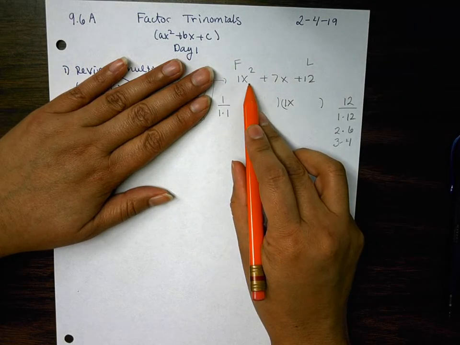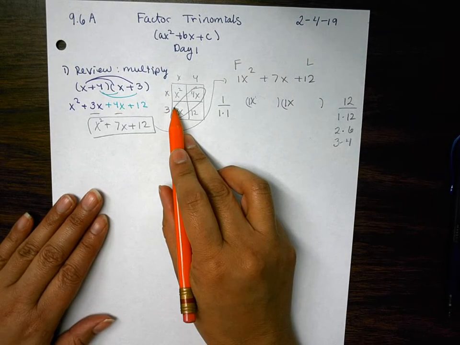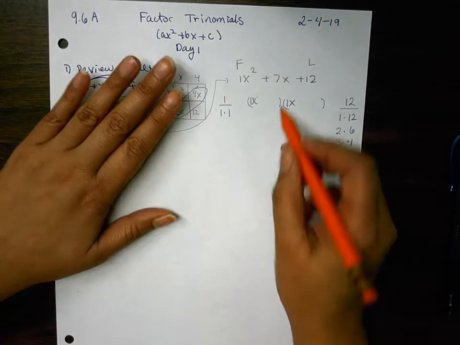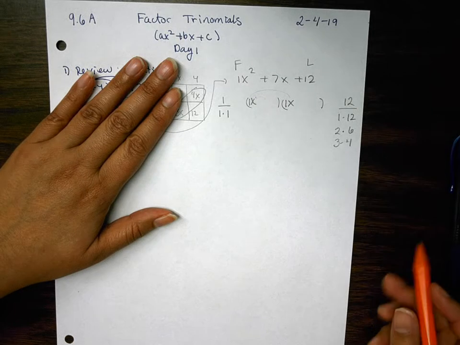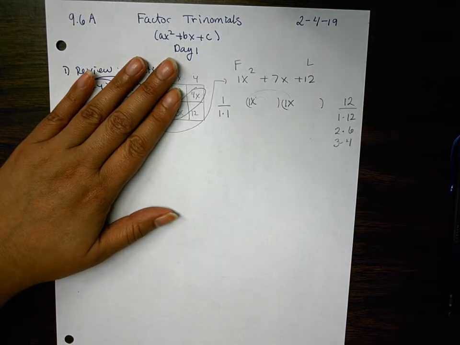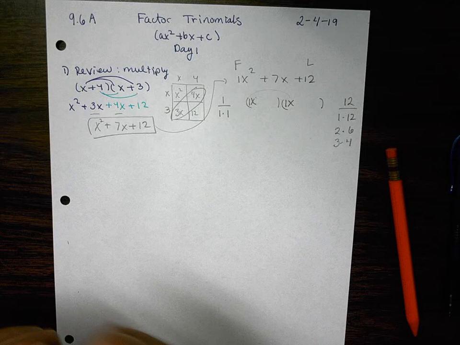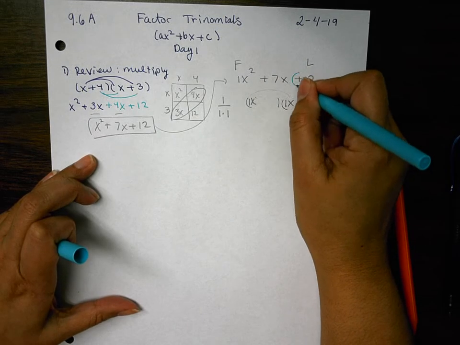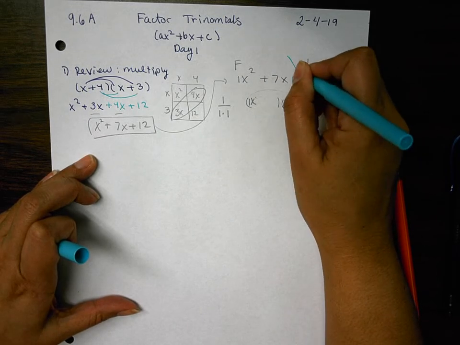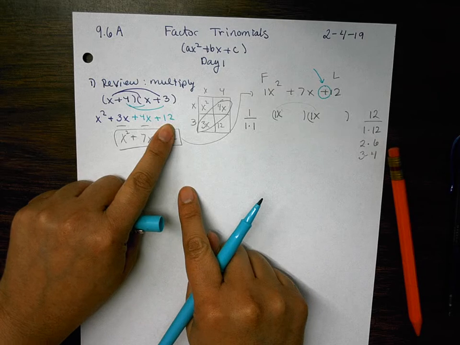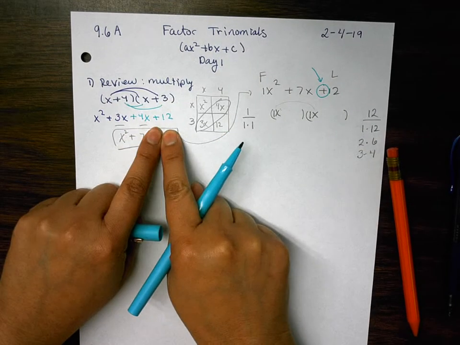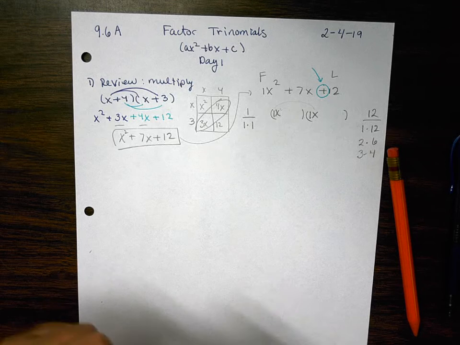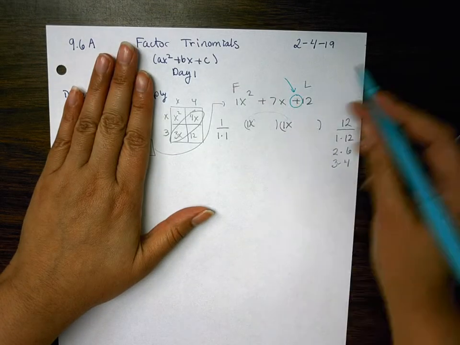All right. Do you guys agree that 1x times 1x is 1x squared? If I were to be doing the window method or the double distribution method, would I end up with x squared in the beginning? Yes or no? Okay, this is important information that I'm going to share with you. You need to be listening. This is a positive. Do you agree when I get the 12, I get that by multiplying two numbers together? 4 times 3 is 12, yes or no?